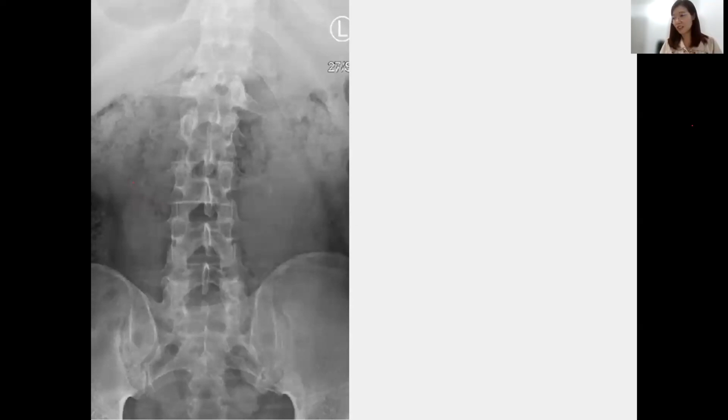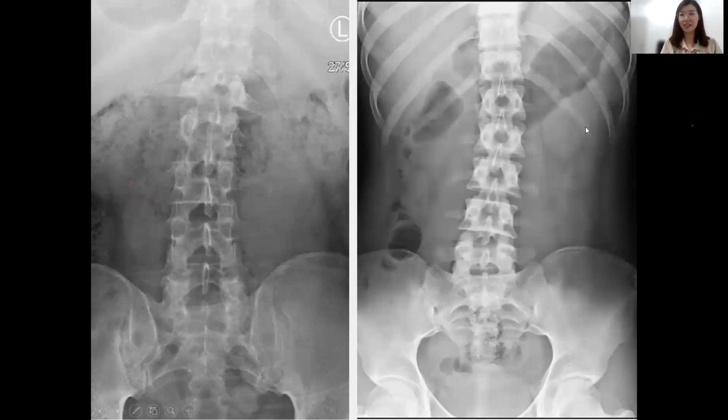Renal, no. Okay, no one got it. Compare with this, then you can find the answer. Osteoporosis? No, we are at the abdomen X-ray, not the bone.